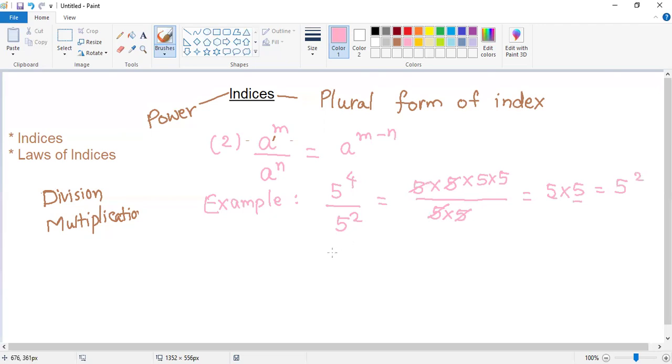But let's say you have a very large number, say 5 power 300 over 5 power 100.